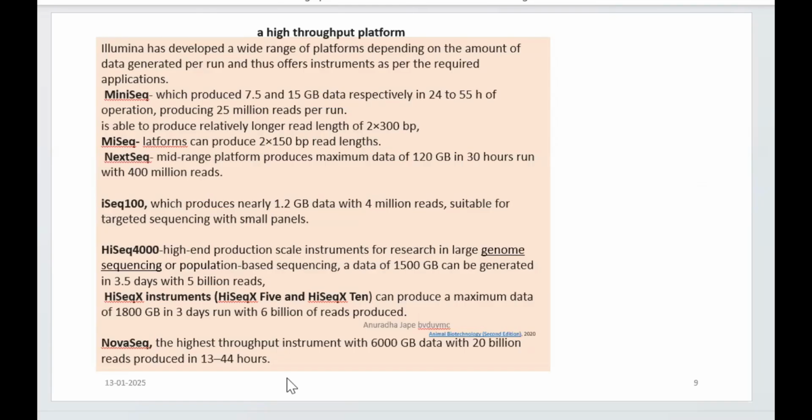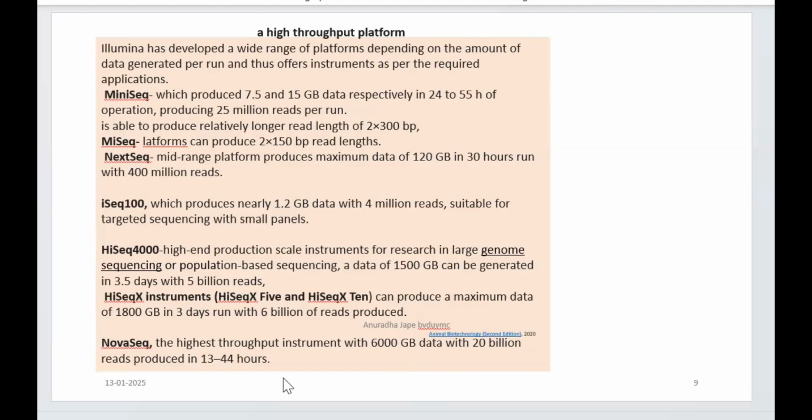So up to 6,000 gigabase, right, that much of data, and 20 billion reads can be produced. And you see the time required, it is hardly 13 to 44 hours. So hardly 2 days are required to sequence such a big polynucleotide, you can say, or a very big DNA or genome size, right?